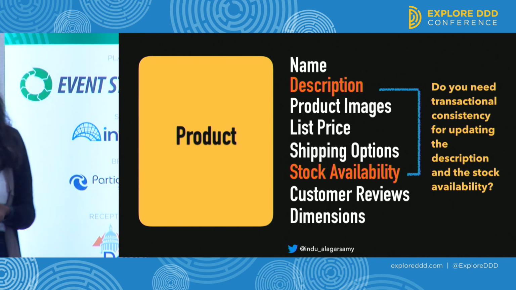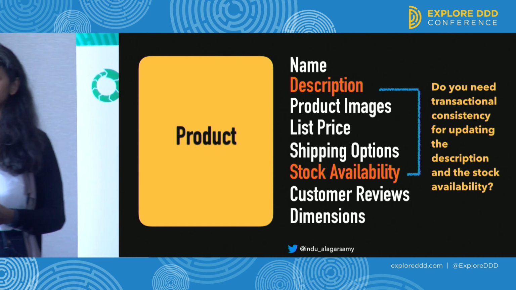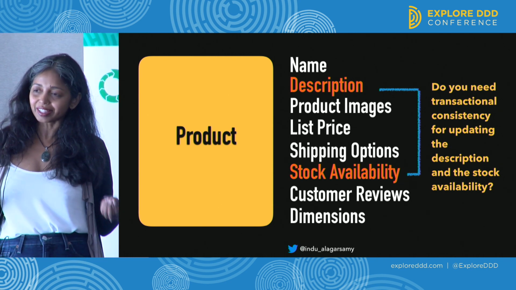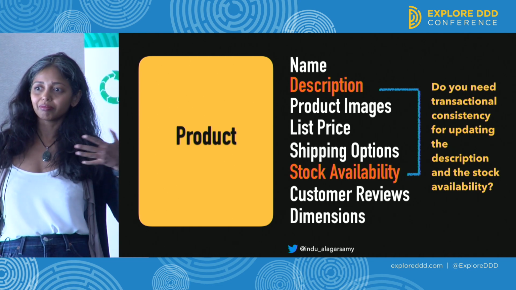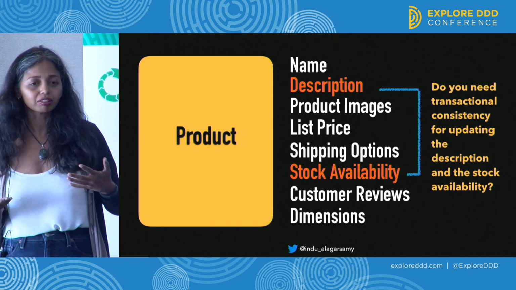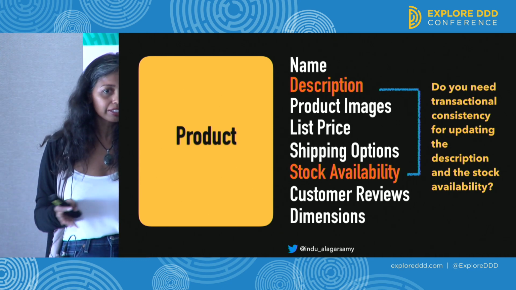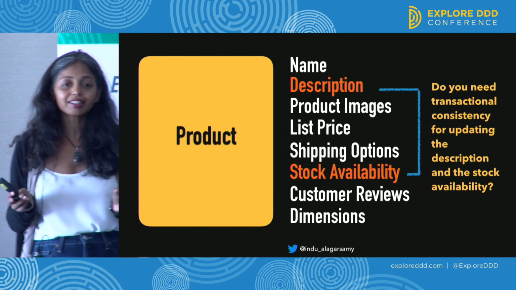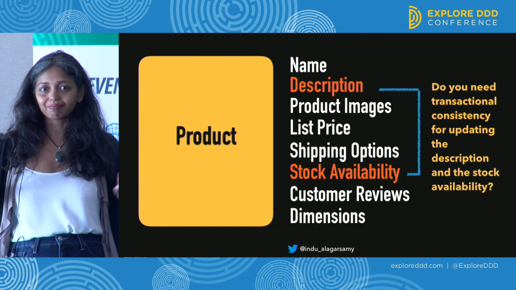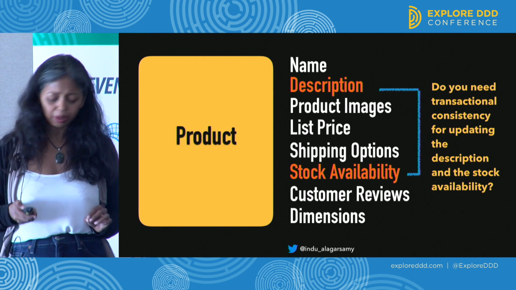Would there be any rule in your business that says, when you update the availability of the stock, the description has to be iPhone 11? It doesn't happen. So if you don't have something like that, you shouldn't have these two things in the same model. That's a clear indication that these things actually don't belong together. So you could start weeding those things out.